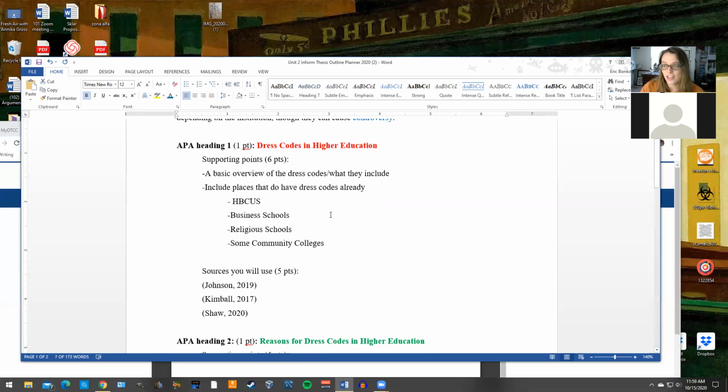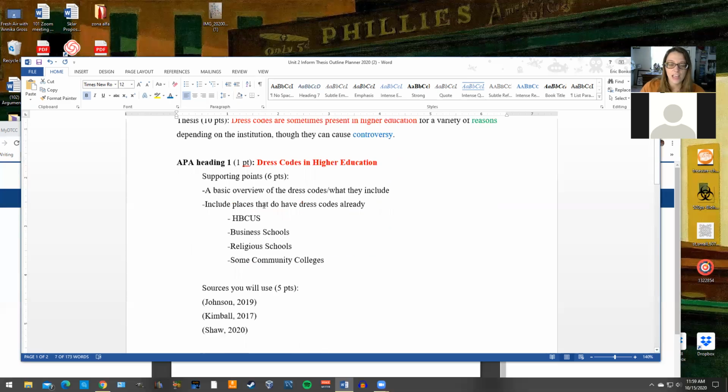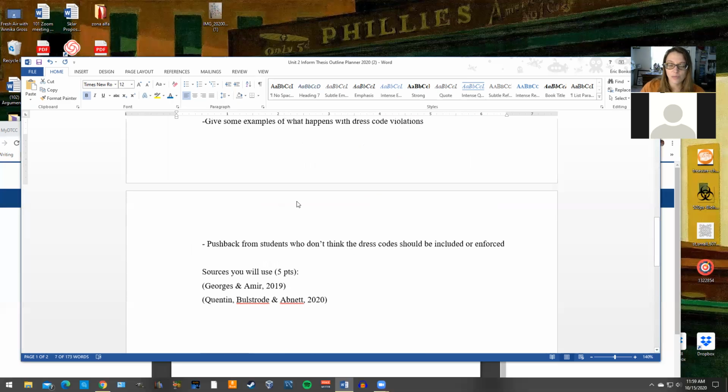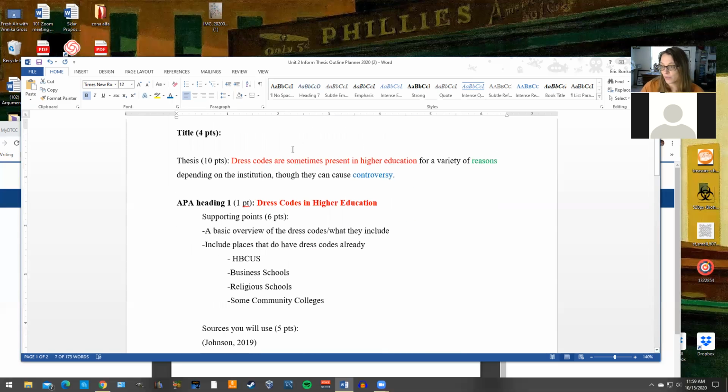The first thing I did, you notice that I left the thesis blank until I had written these things, because this thesis then becomes an explanation of the things I'm going to cover, the information I'm going to go over, and it's a roadmap for the reader for understanding what they're going to get a general idea of from this paper.